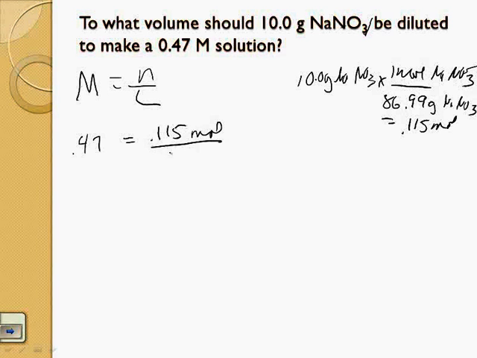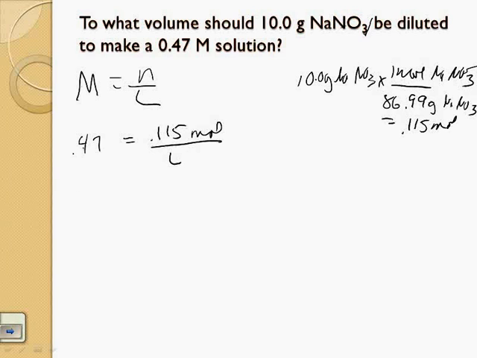And what I know is 1 mole of sodium nitrate is 86.99 grams of sodium nitrate. And this is going to give me 0.115 moles. I'm going to put that here, 0.115 moles over liters.